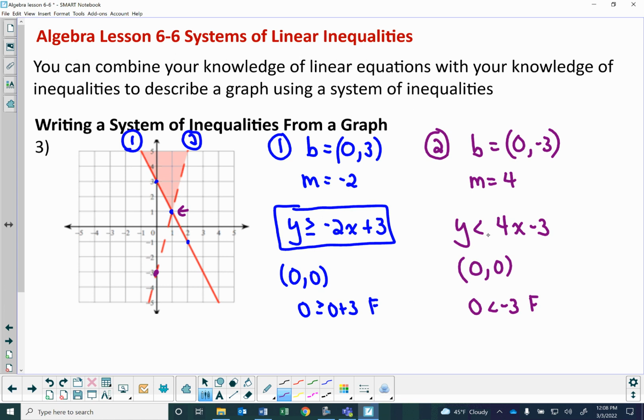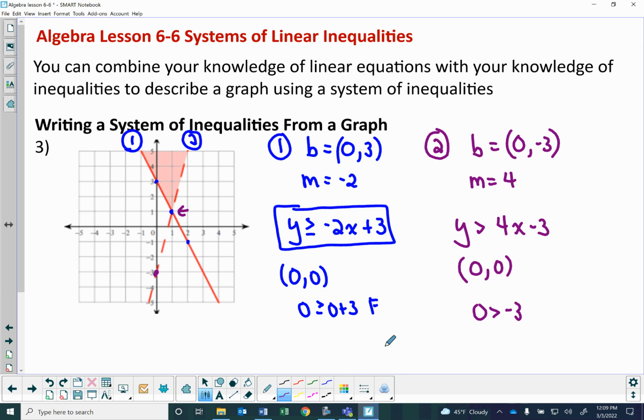So this inequality symbol, the less than inequality symbol, is wrong. So I need to change it to a greater than inequality symbol. So now I know that it is correct. Because now if I test 0, 0 here, I would have 0 is greater than negative 3, which is true.